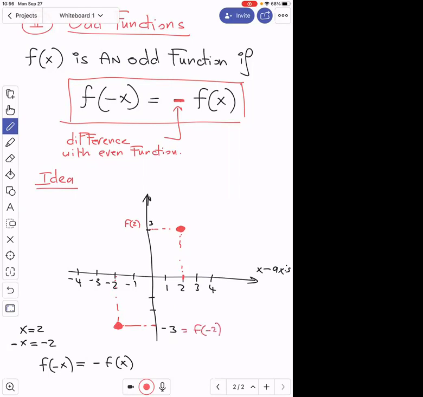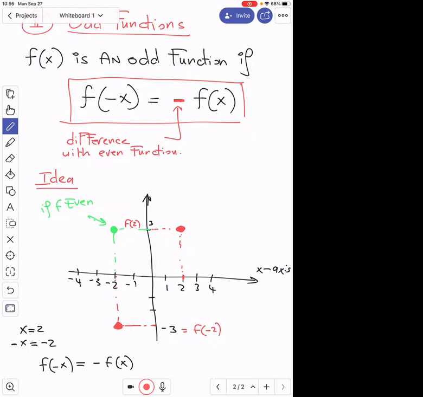So f of 2 and f of -2 are opposite. In the case of even functions, f of 2 and f of -2 would have the same image, right? Like f of -2 would be here if f is even. So if f was even, then this green point would be the image of f of -2.